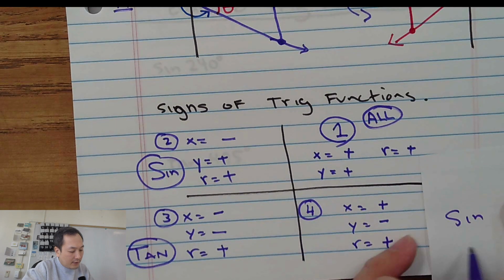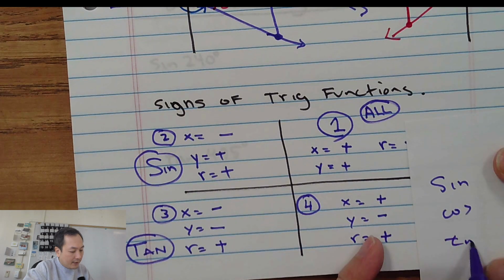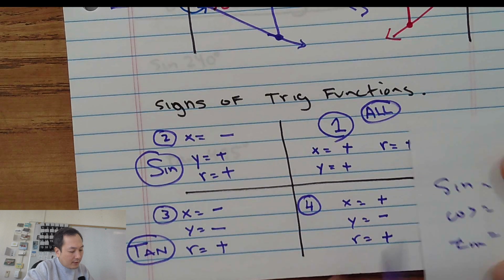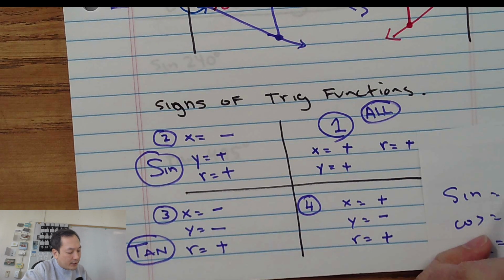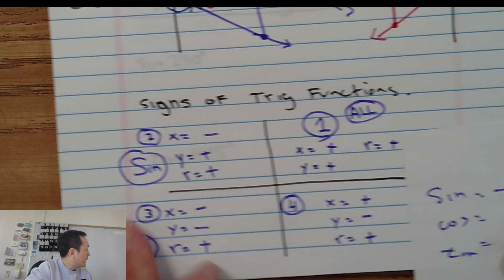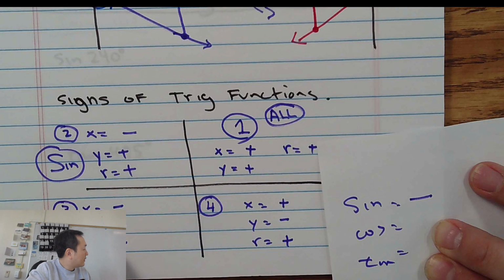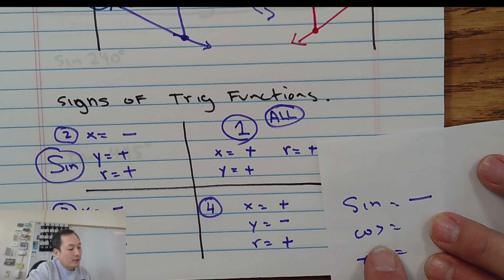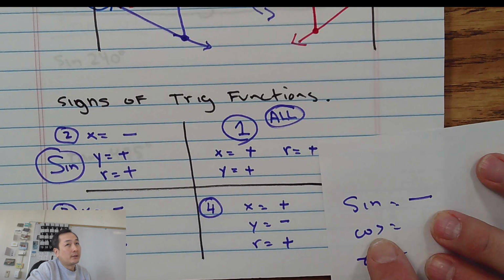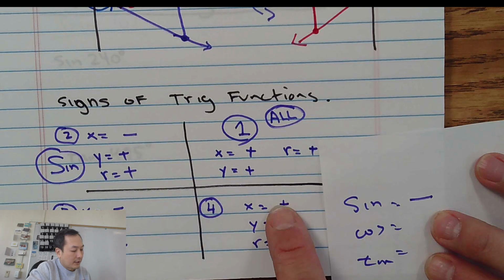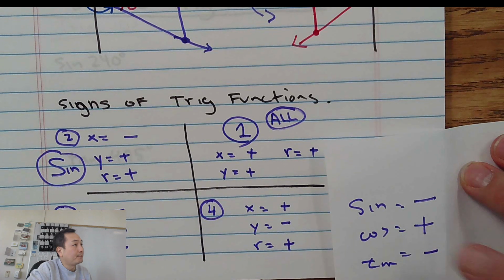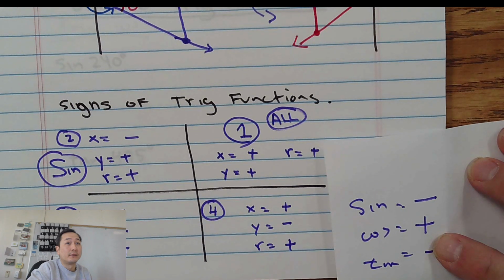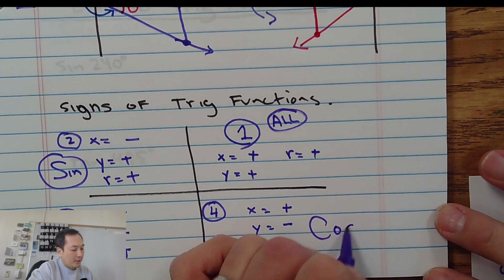Sine, cosine, tangent. Sine is y over r, negative over positive, which is negative. Cosine is x over r, positive over positive, which is positive. Tangent, y over x, negative over positive, which is negative. So cosine here is positive.